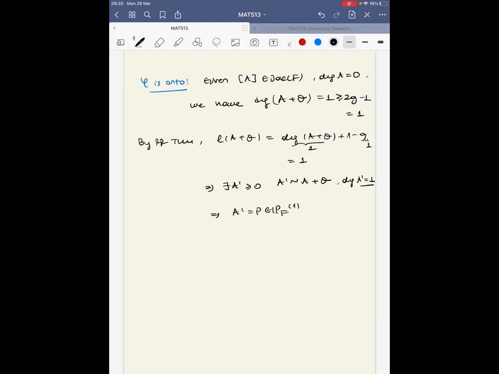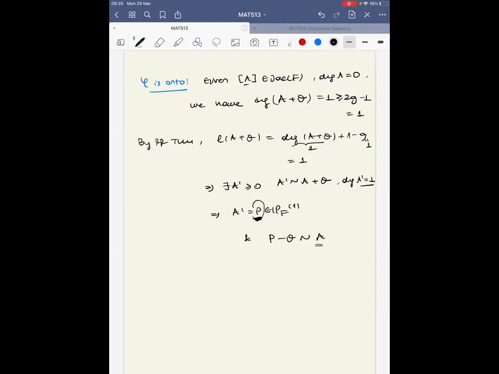And indeed, this rational place gives us the pre-image of this equivalence class. So that means P minus O is equivalent to A.